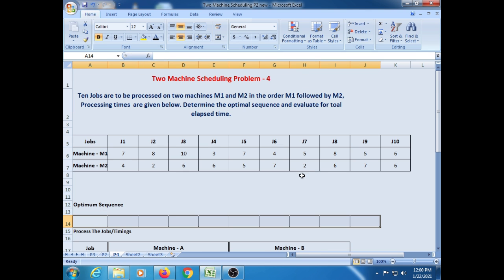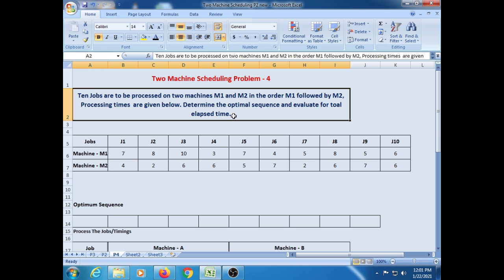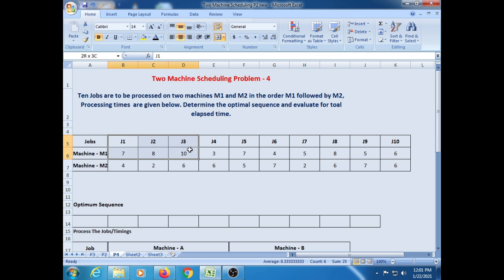In the optimal sequence or optimum sequence, we have to arrange all the jobs so as to decrease the total elapsed time. For decreasing the total elapsed time, we have to arrange all the jobs in an order. That order is the optimum sequence.